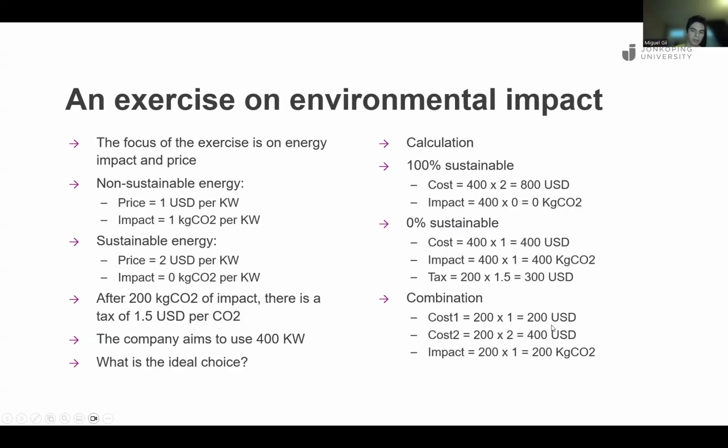So the total cost is 600, cheaper than the other options, and the impact is 200. The impact is half of that, but more than the original one.